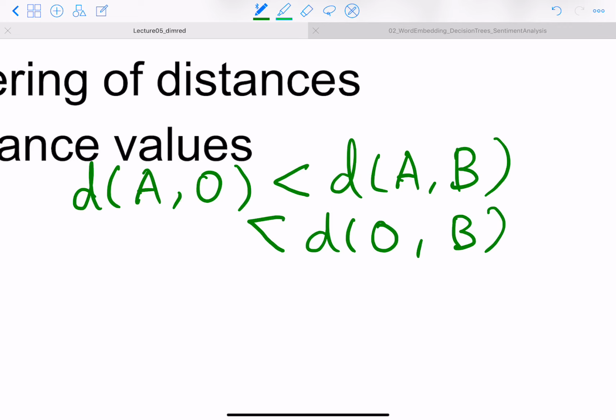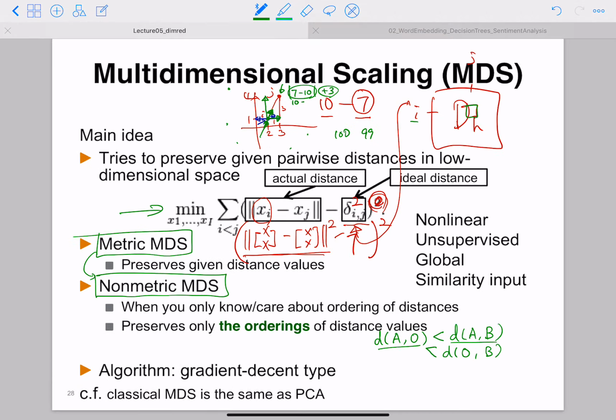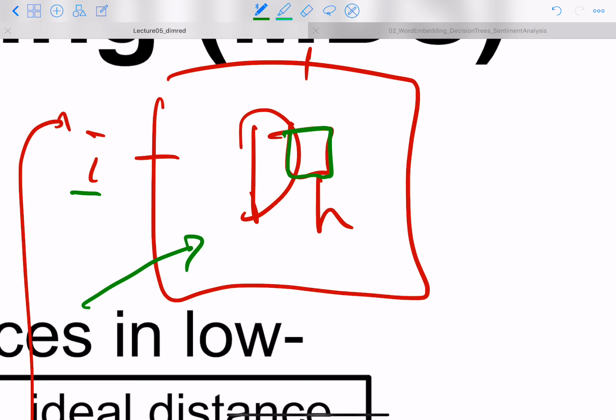So in this case, we can think of the relative ordering of these distances, okay? Instead of defining an exact value for each element in this matrix, we just consider that this element is smaller than this element, and this element is larger than that element, and so on.